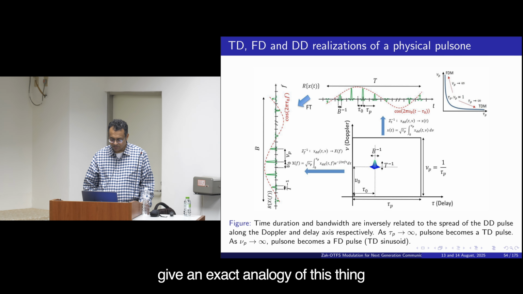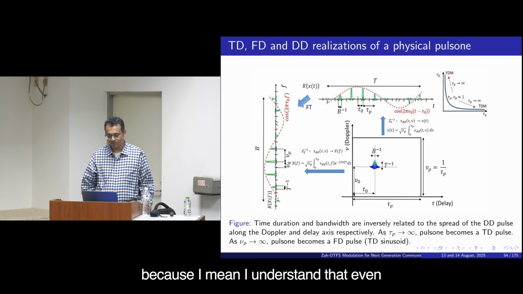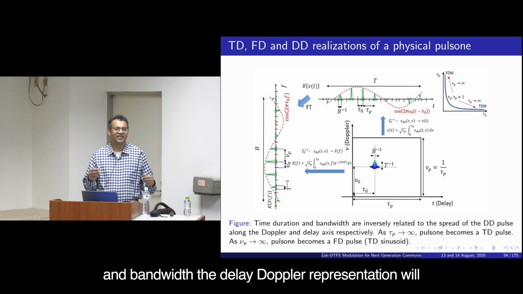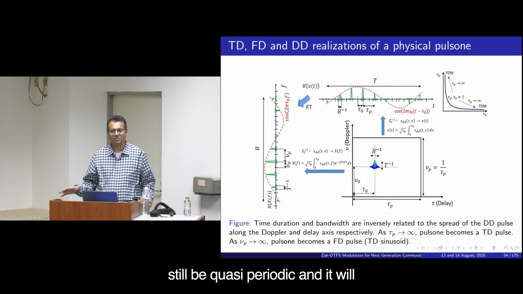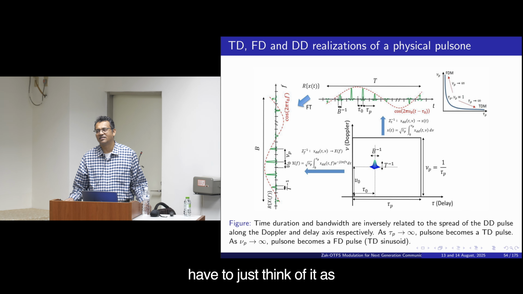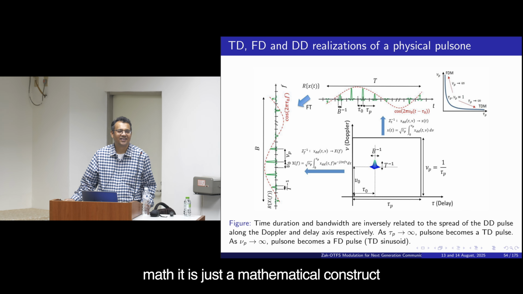Of course, I cannot give an exact analogy, because even if you limit the signal in time and bandwidth, the delay-Doppler representation will still be quasi-periodic and it will still be everywhere. But you have to just think of it as math, a mathematical construct.